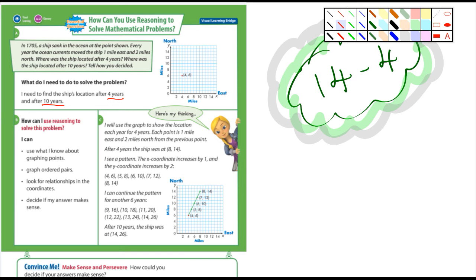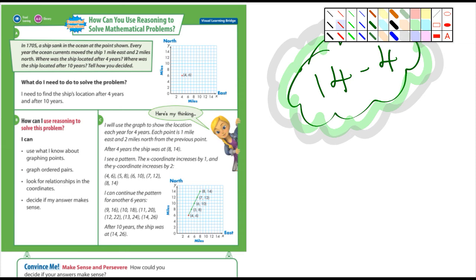Yeah, that's kind of an odd question there. What do you need to do to solve the problem? That's telling you what the problem is, in my opinion. But anyways, I'm splitting hairs here. I'm not going to worry about that. How can I use reasoning to solve the problem? They give you some bulleted points here. You have learned about graphing points, you know what ordered pairs are, and you look for relationships in the coordinates and you decide if my answer makes sense.